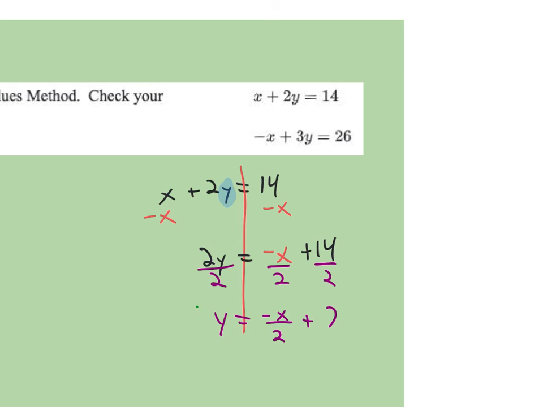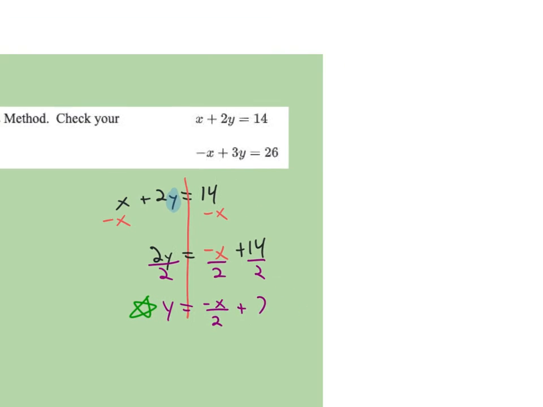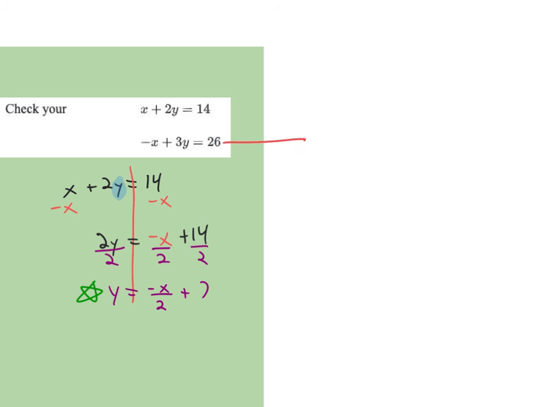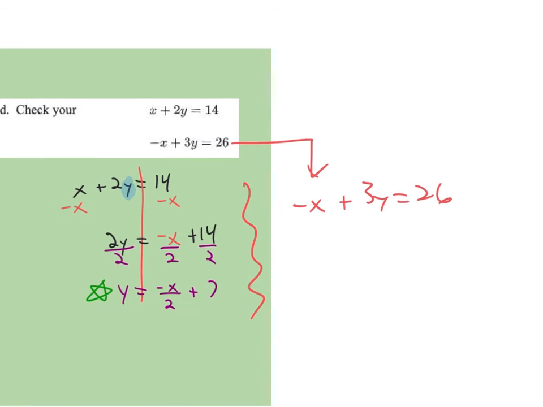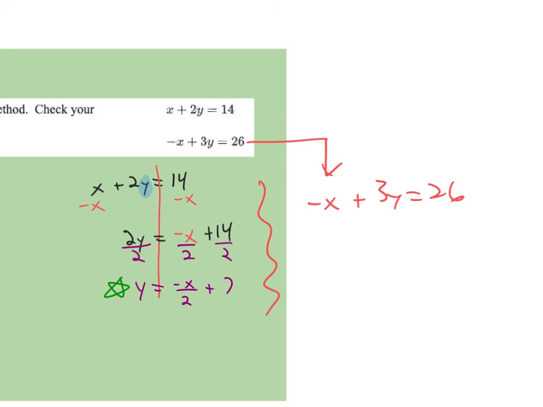I've set up my first one in y equals. Now I just need to do the second equation, so we'll do that right over here. Negative x plus 3y is equal to 26. So just like our last one, why don't you take a second here, pause the video, use this as your template to try to set this up in a y equals. I'll come back in just a second.